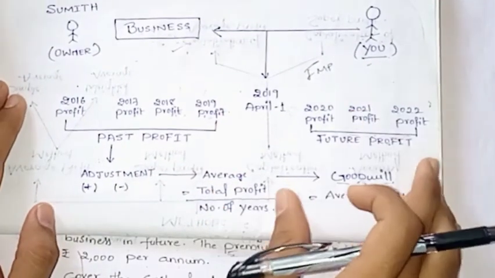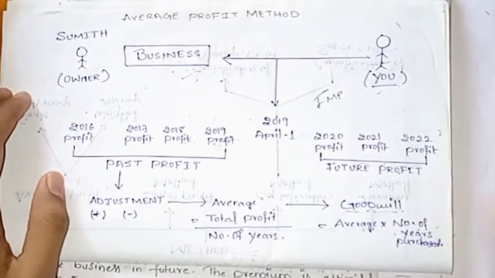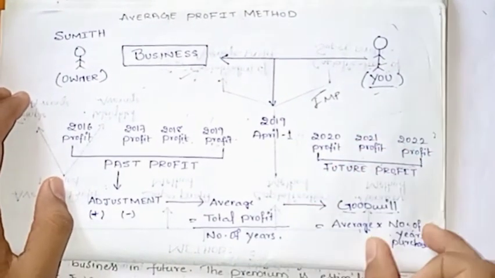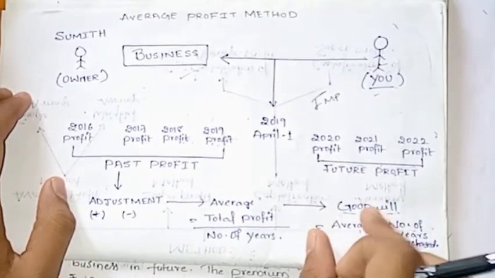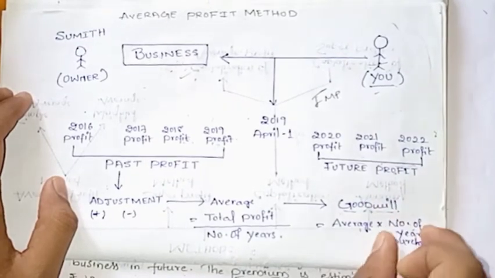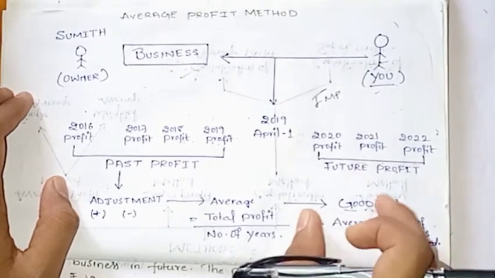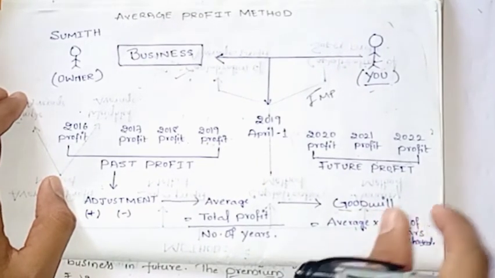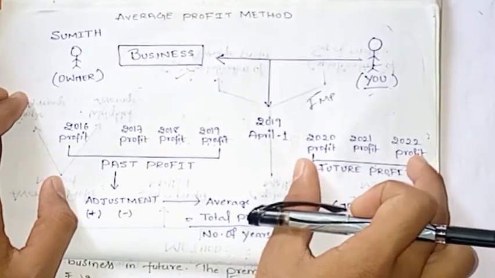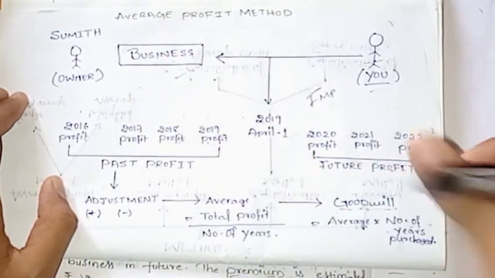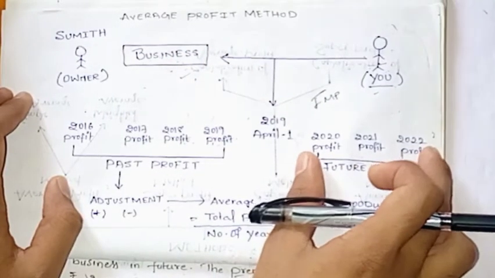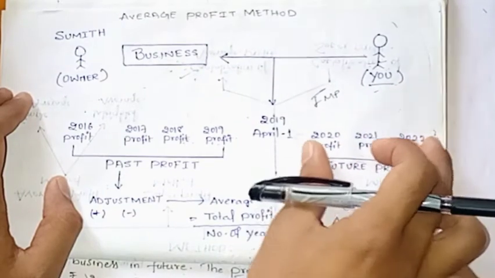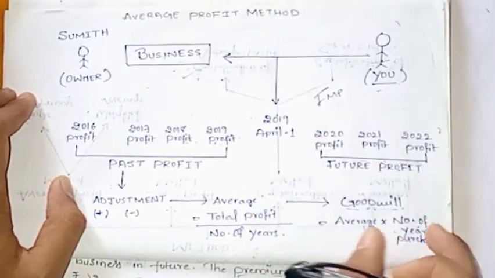And then you will calculate the goodwill. Easily you can calculate the goodwill by multiplying the average profit by the number of years of purchase. So what is the number of years of purchase? It is the period of future profit which the business is going to earn. For how many years the business may earn profit, those years should be taken and multiplied with the average profit.